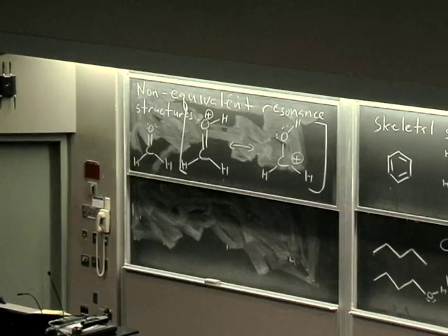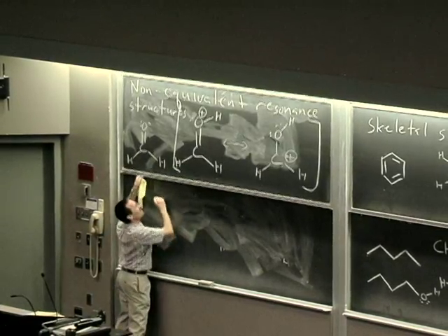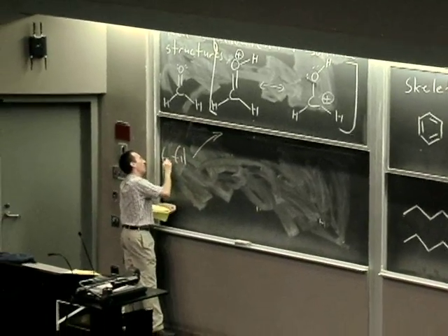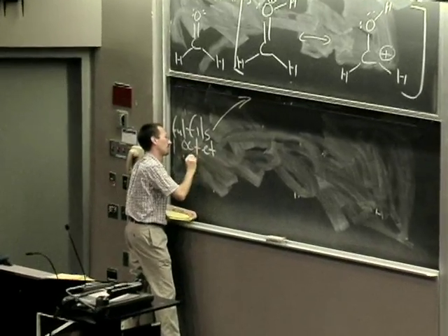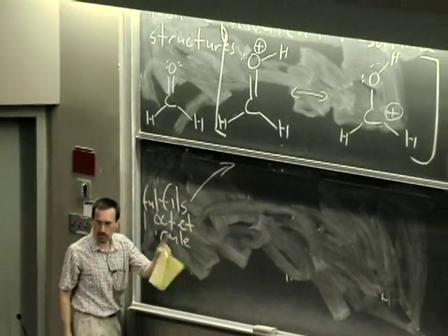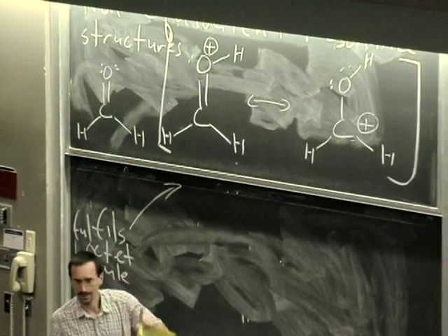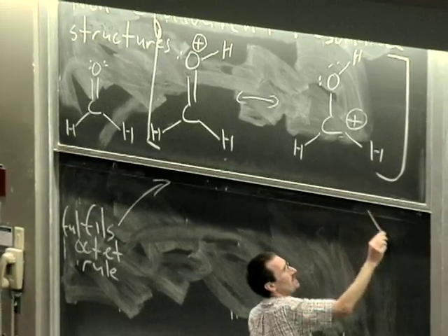Fills the octet rule. Bingo! The structure on the left fulfills the octet rule. And the structure on the right? You're shaking your head. The carbon doesn't have a complete octet.